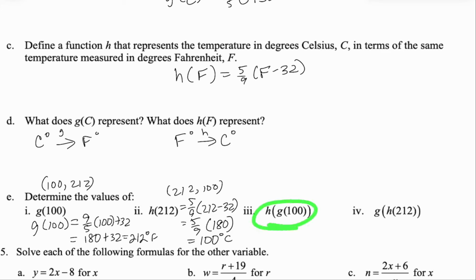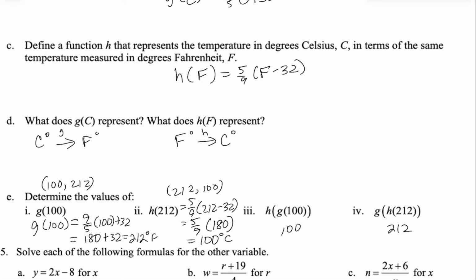Because we have set these up so that these are inverses, h of g of 100, so that would become 212, which we know became 100. So that answer is 100. This becomes 100, which we know then becomes 212. So they cancel each other out in a sense.